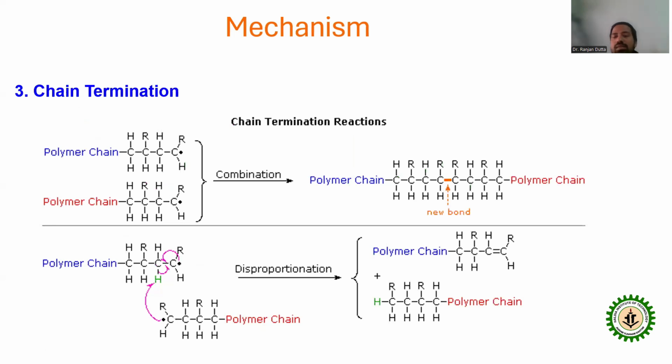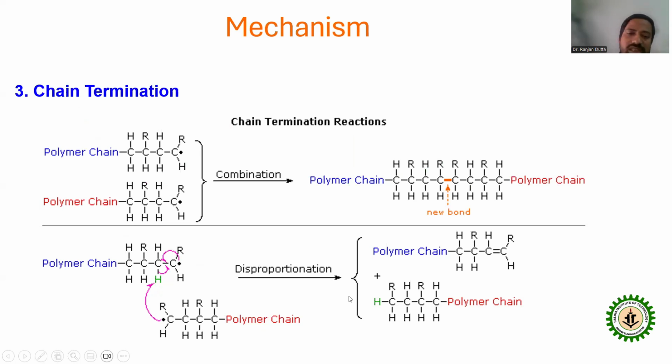This is the chain termination step of the free radical mechanism. Chain termination can be done by two different methods: one is combination, and the other is disproportionation. In the combination step, two radicals can be combined to form the polymer chain.